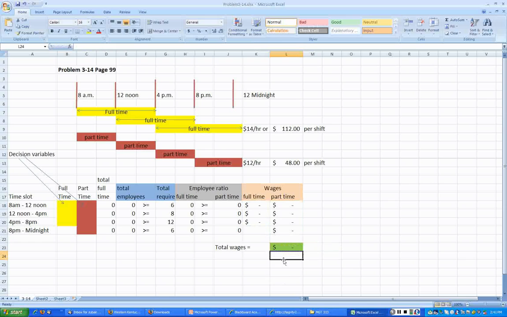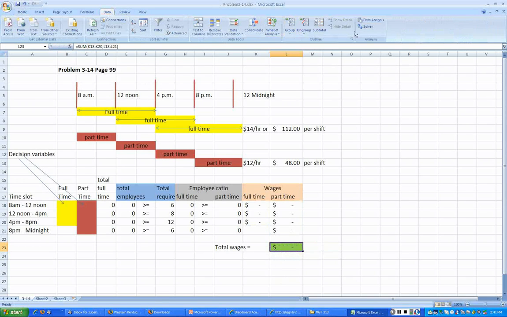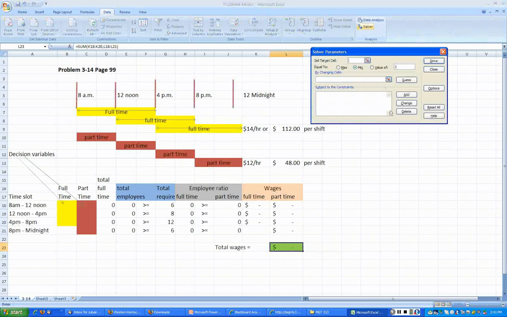Let us build the solver. Go to Data, go to Solver. If you don't see Solver on your machine, go through the add-ins and add the Solver. Let me know through email or on the discussion board if you have problems installing the Solver, and I will send an email on how to install it.